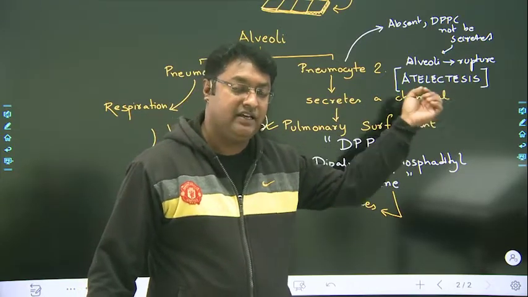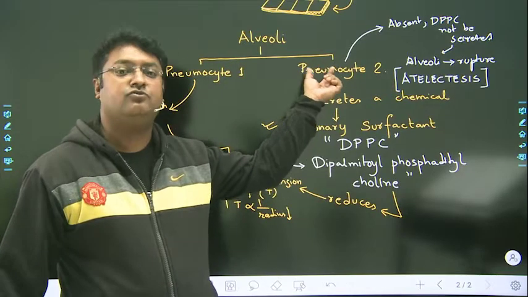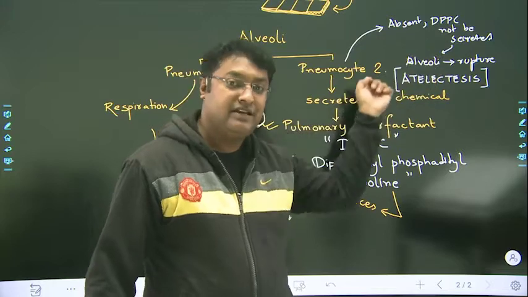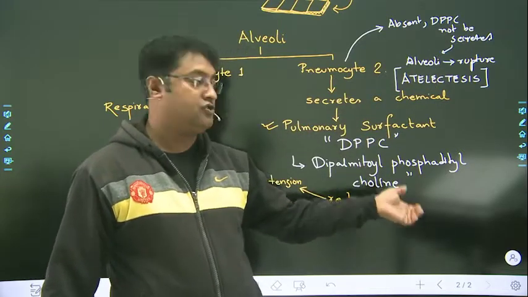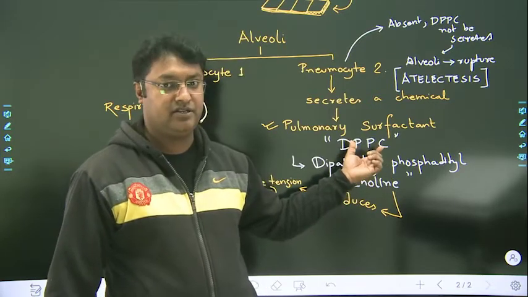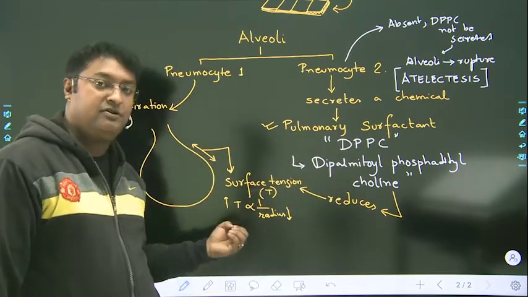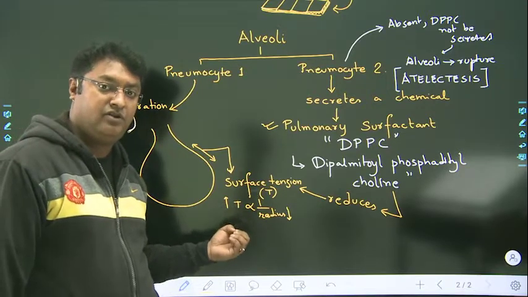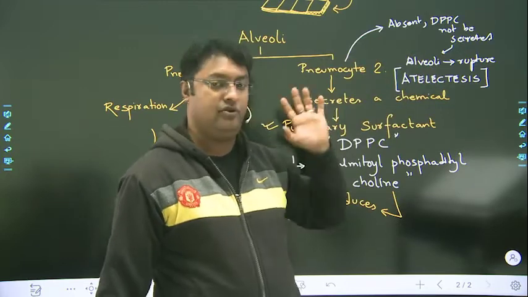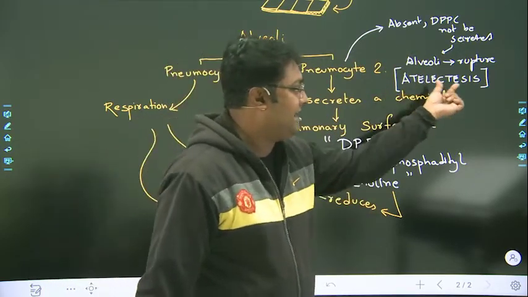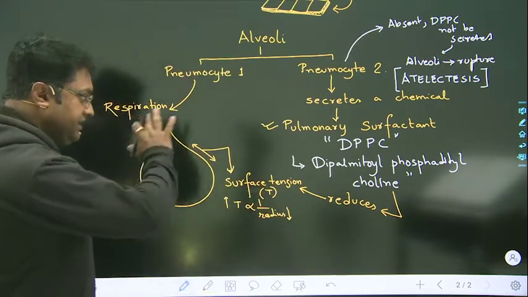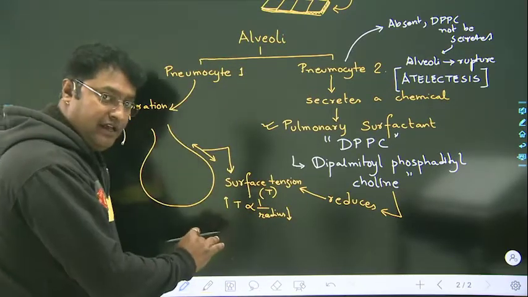Now this is caused due to the absence of type 2 pneumocytes, which secrete the chemical DPPC. Due to their absence, DPPC will not be secreted, and hence it will not be able to reduce the surface tension over the alveoli wall, and hence it will bring about the rupture of the alveoli, causing atelectasis. Clear? Okay. Now, that is all about the alveoli.